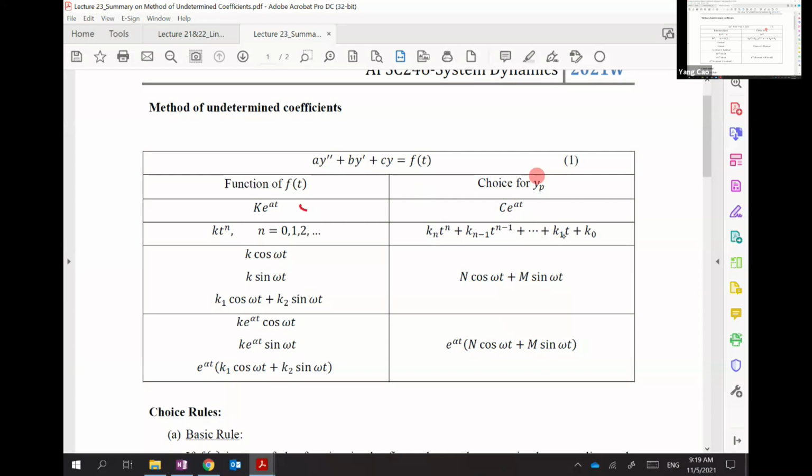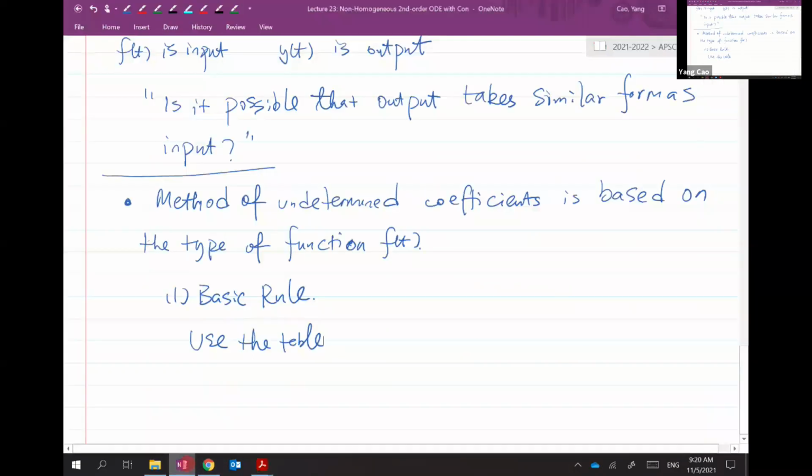All the k's are constants, and n and m here are again constants. So that's rule number 1, called the basic rule. Use the table in the lecture notes to write down yp of t.